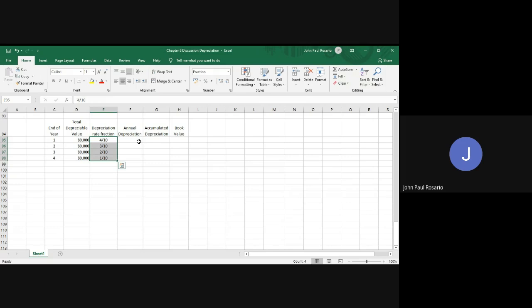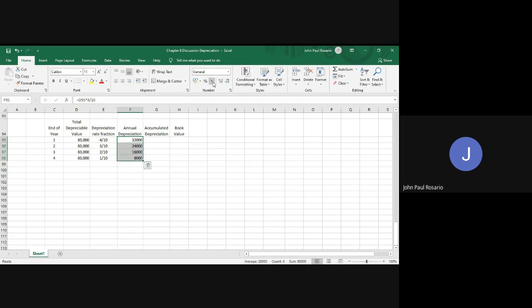So your annual depreciation will be 80,000 multiplied by 4 over 10 for the first year, times 3 over 10, which is your fraction, for the second. And then this one multiplied by 2 over 10. Lastly, this one multiplied by 1 over 10.